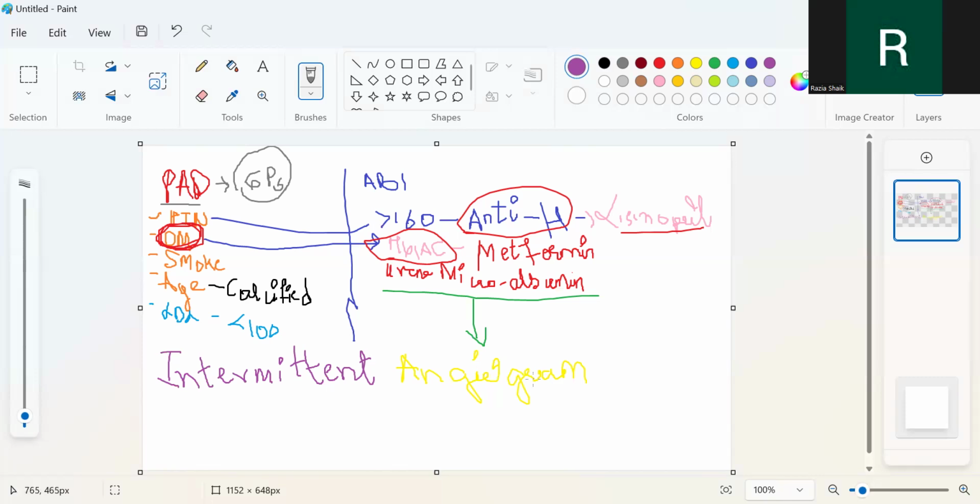I mean, the basic thing they want you to note is for intermittent, you don't need to do angiogram. If you do so, you may lose your points. As simple as that. Why?